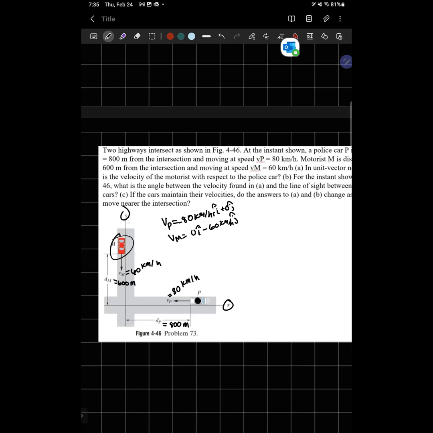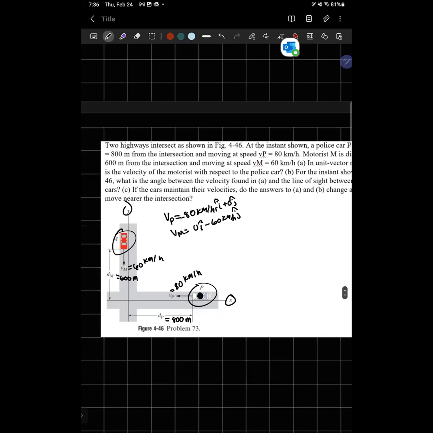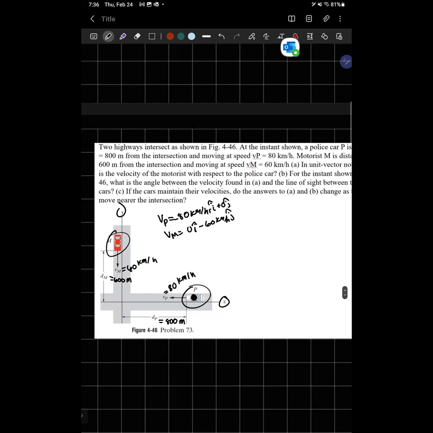This is my coordinate axis and this is my prime observer. I'm going to do that method that I taught y'all.